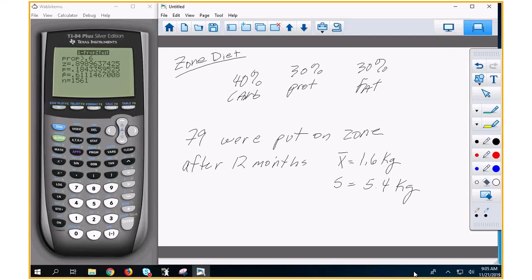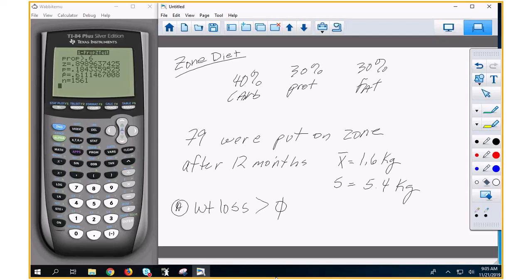Okay? And they want to know, is the weight loss greater than 0?